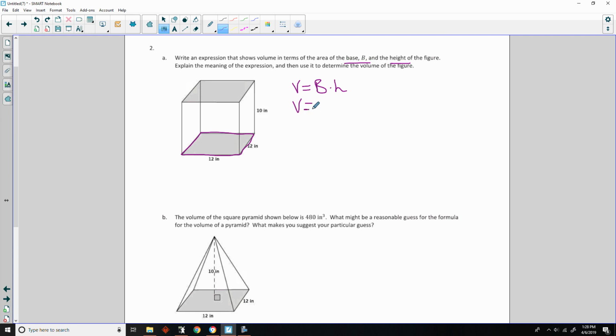So then we substitute in our base area formula, which is a square, and the area of a square is side squared times height. Then we substitute our givens. S is 12, so it's 12 squared times our height, 10. So the volume equals 12 squared is 144 times 10. So the volume is 1,440 inches cubed.